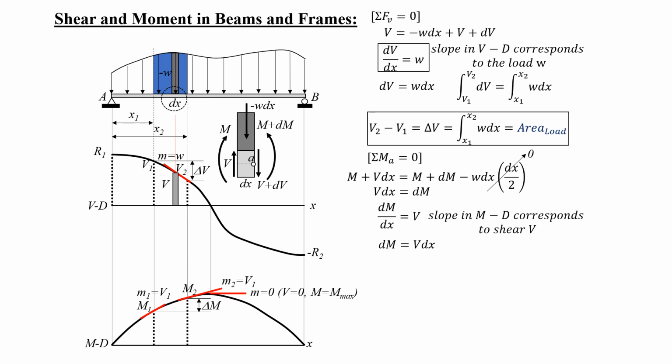So I hope it's clear. The slope of the tangent to the shear curve corresponds to the intensity of the load above, and the slope of the tangent in the moment curve corresponds to the shear above.